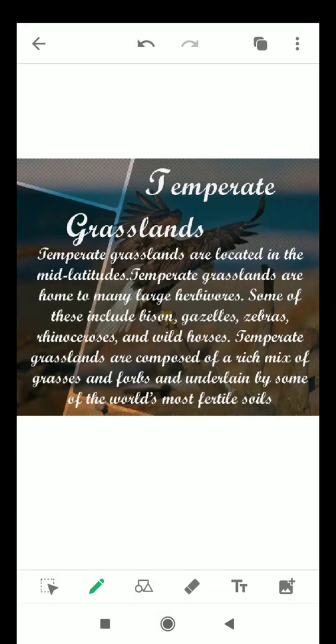They are known by various names such as prairies in North America, steppes of Eurasia, veldt in Africa, and downs in Australia. Grasses dominate the vegetation. Trees and shrubs are usually absent, though a large number of flowers grow along the grasses. Temperate grasslands have an abundance of wildlife, though low in diversity.